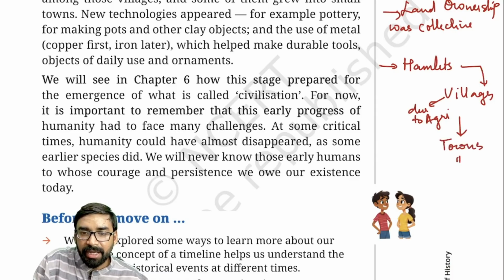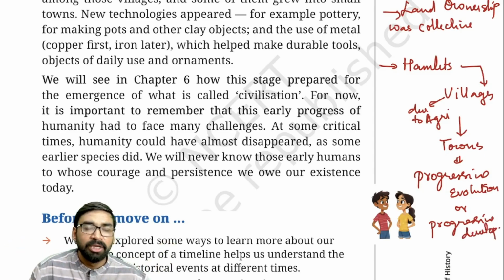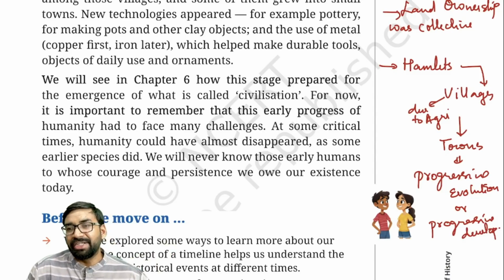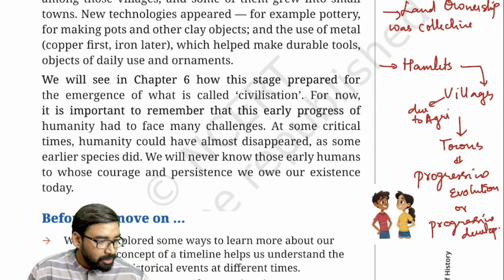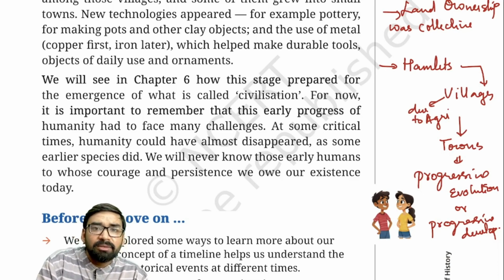This is called progressive evolution or progressive development. I hope this much is clear to all of you. This is how the transition took place, okay? So gradually these people, right?